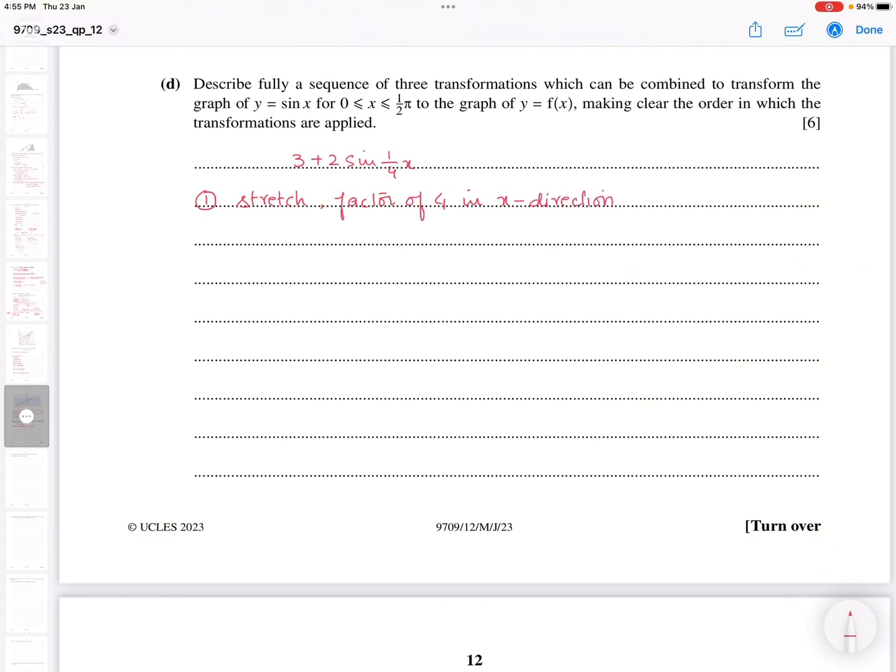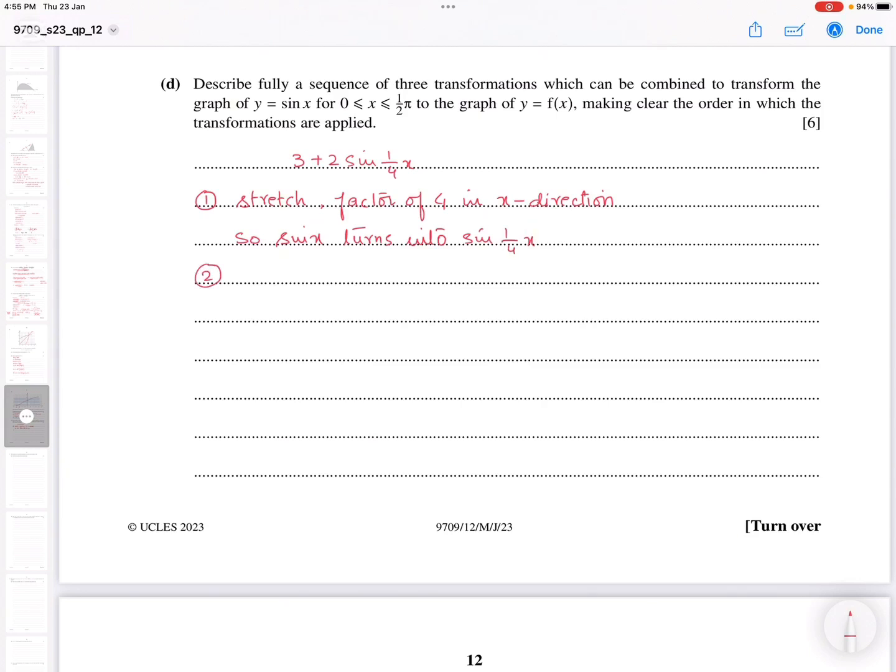Always start with the stretch in x direction. So sine of x turns into sine of 1 over 4x.